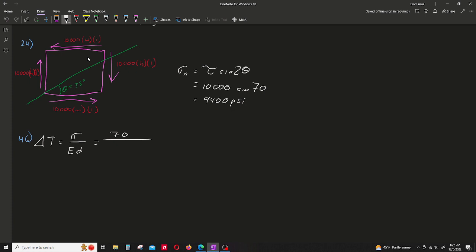And we know the E value for this material is 207 times 10 to the third, and the alpha value there is 11.7 times 10 to the -6. And so therefore we have 28.9 degrees Celsius.